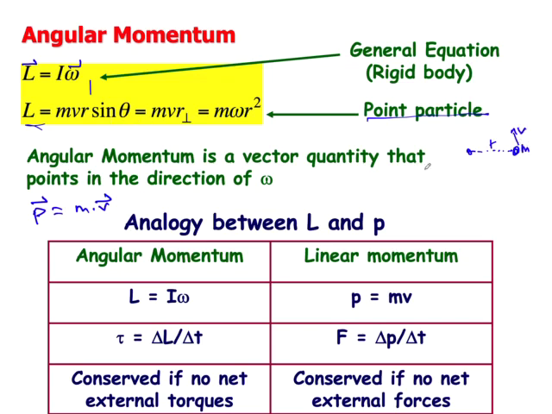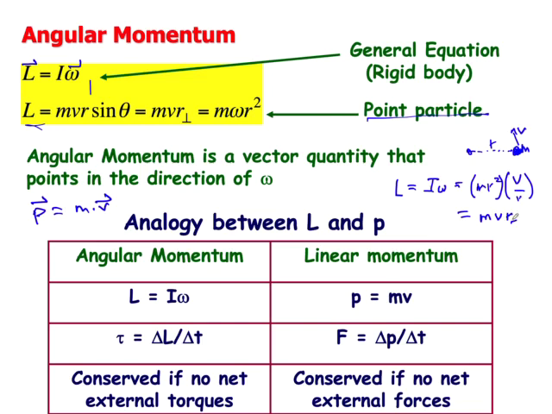Please realize you could rewrite or find its angular momentum this way. We know it's I times omega. But for a point mass, remember from the definition of rotational inertia, rotational inertia is just mr squared. And remember, we could write omega as v over r. And I don't know if you can see this real quick, but one r cancels out, and we just end up with mvr.